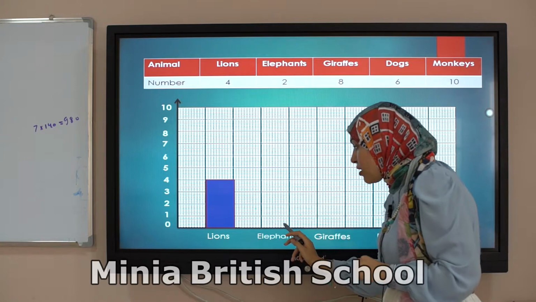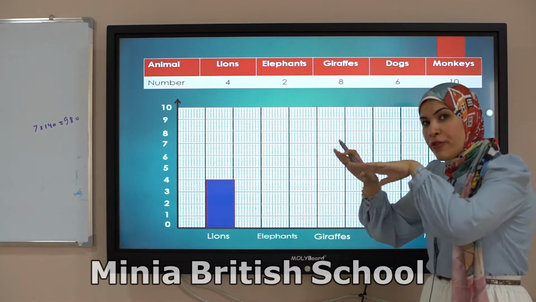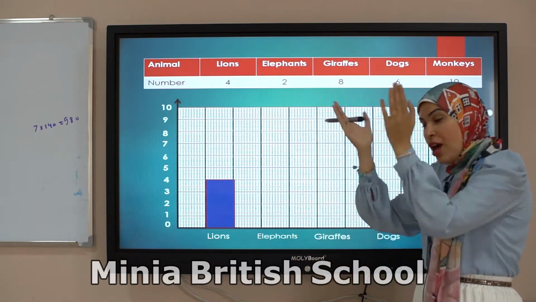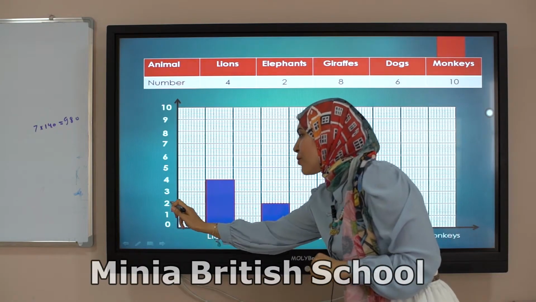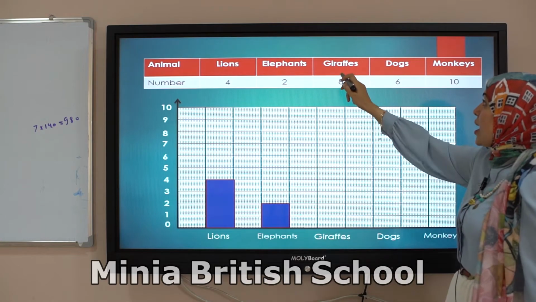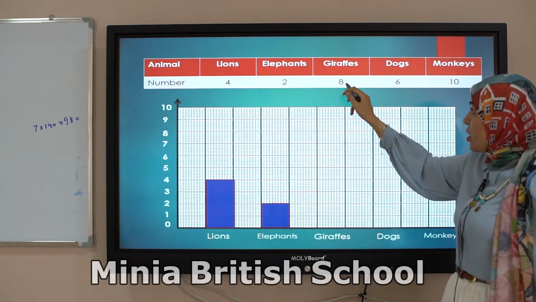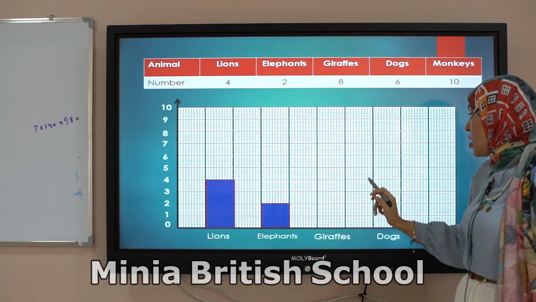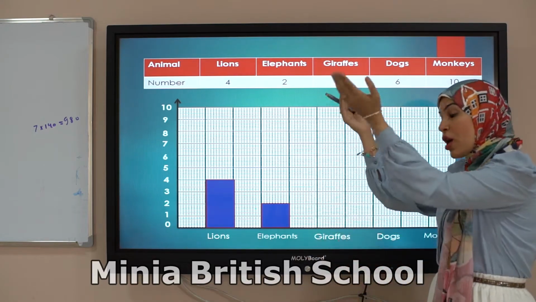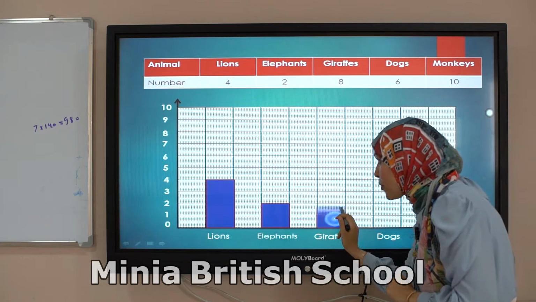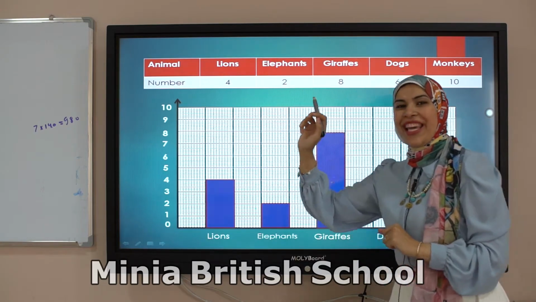And elephants, I have here 2 elephants. So I look at elephants and color from down to up until I reach number 2. Okay, this is right. And in giraffes, I have here 8 giraffes. So I look at giraffes and color from down to up until I reach number 8. Okay.